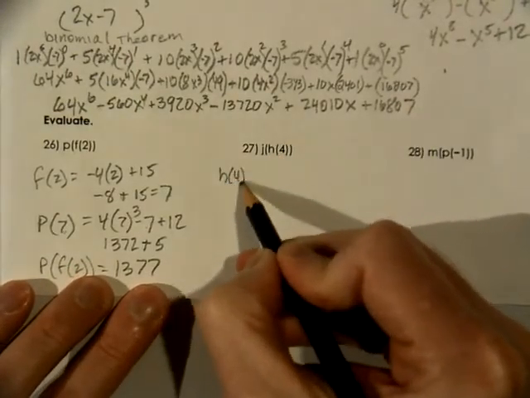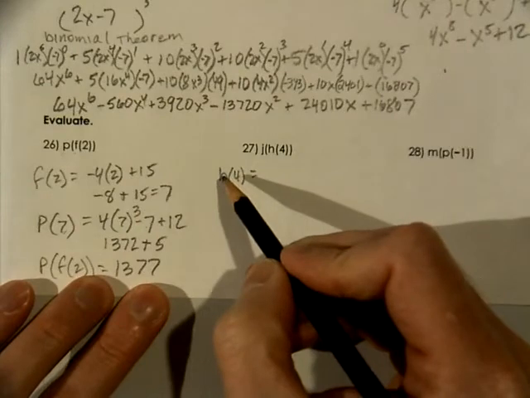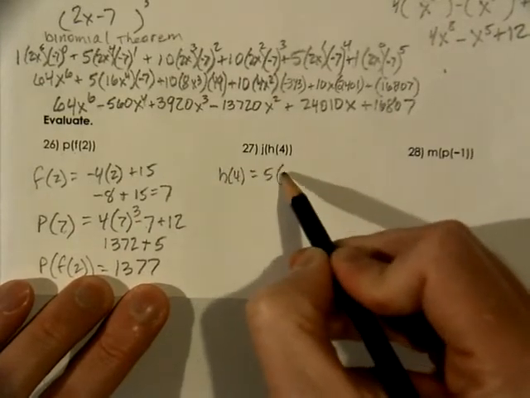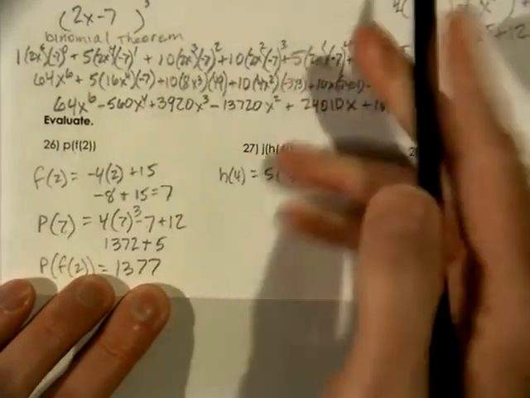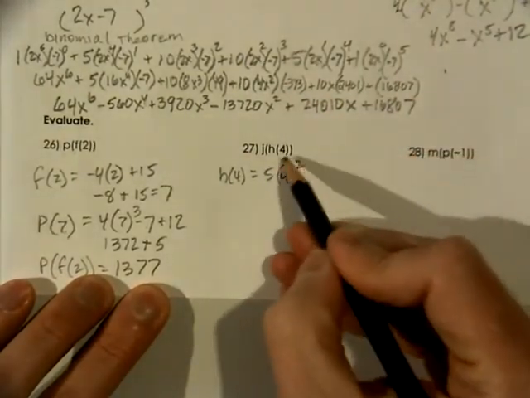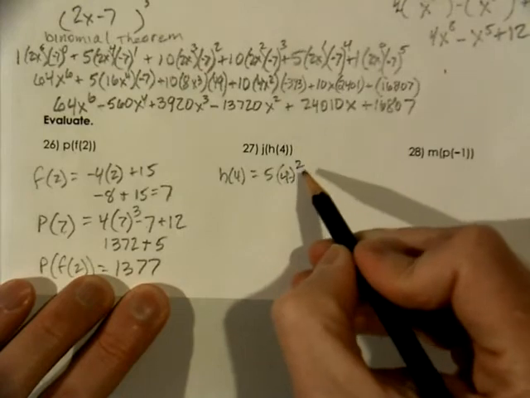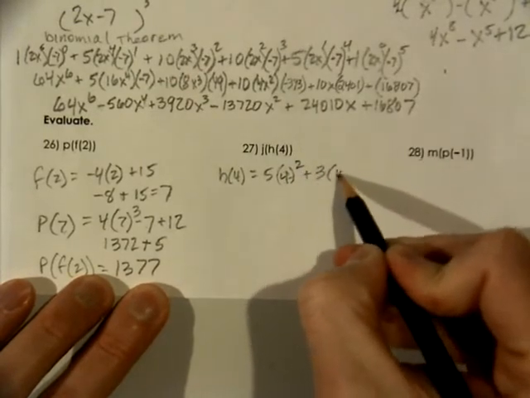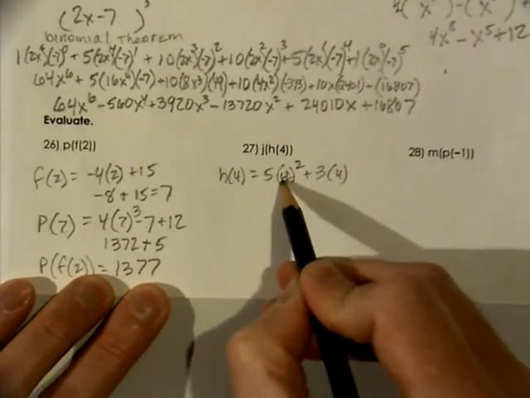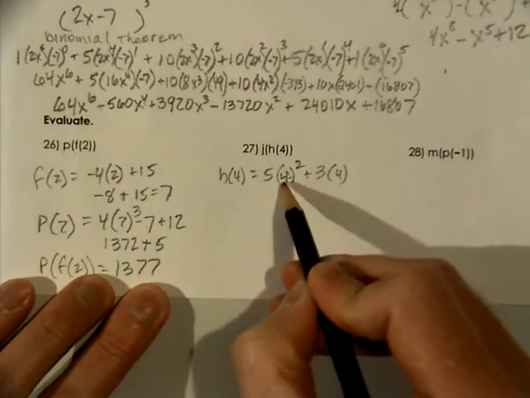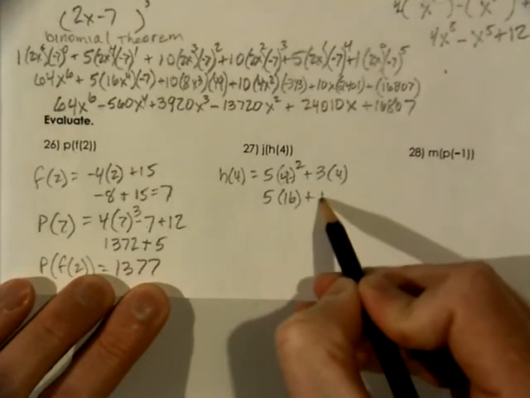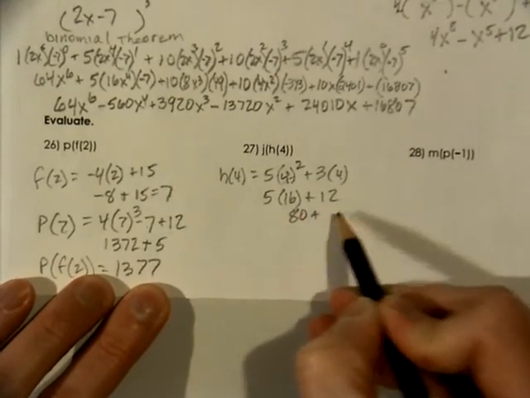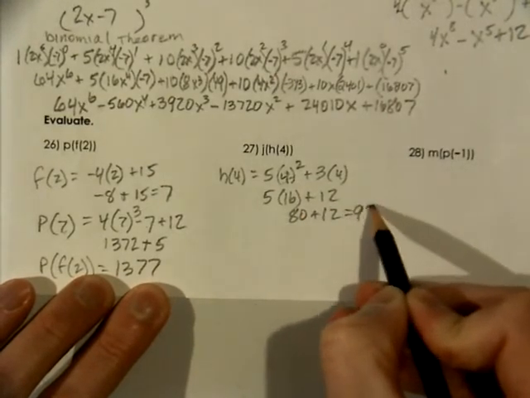So h of 4, the h function is 5 times something squared. Oops, not 2. That was the previous problem. It's 4 squared plus 3 times 4. Now you don't say 5 times 4, you have to square first. So this is 5 times 16 plus 12, 80 plus 12, which is 92.